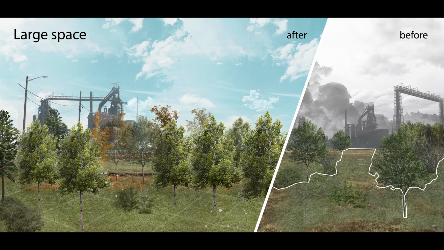Next one is the large space area. You can see on the right there's a large open space, and there are also some existing trees there. On the left, after the design, I plant some new trees to add more woods to improve the environment.